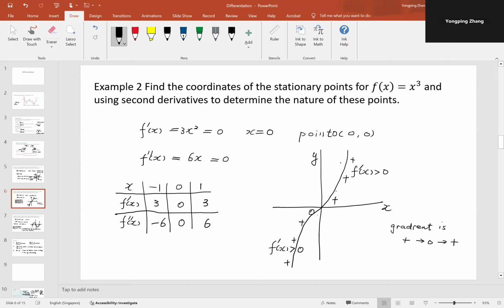So the point (0, 0) is a horizontal point of inflection.